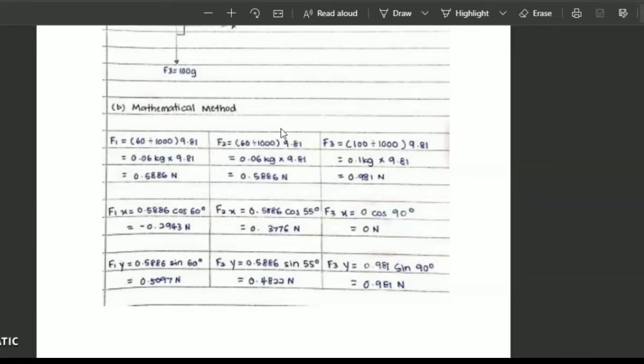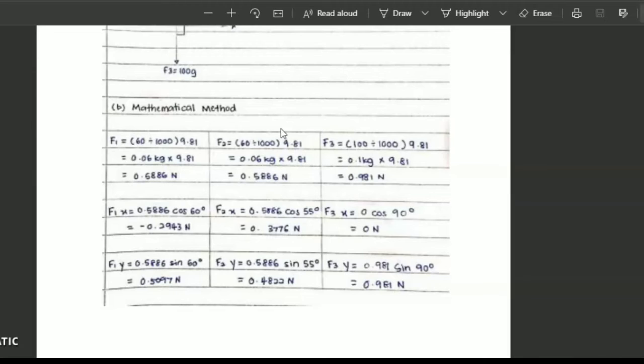So for F1 we get 0.5886 Newton. So we get F1x equal to negative 0.2943 Newton. F1y we get 0.5097 Newton.